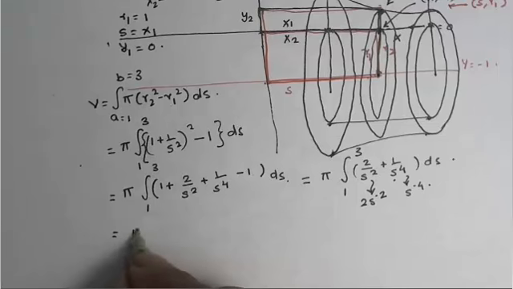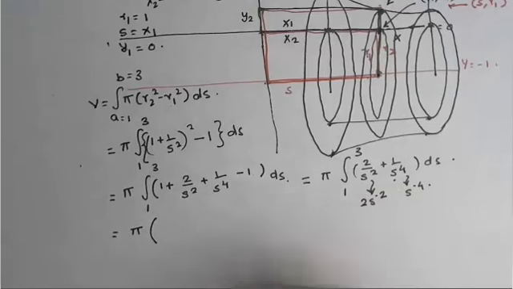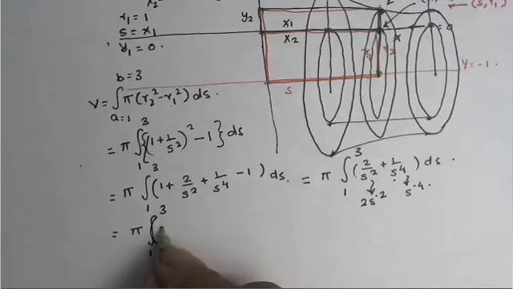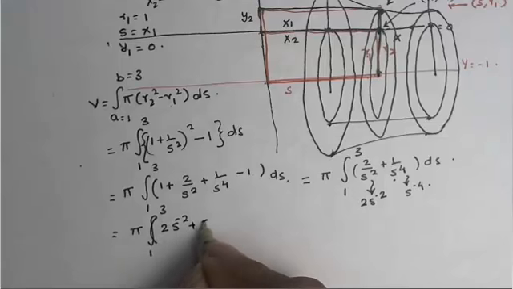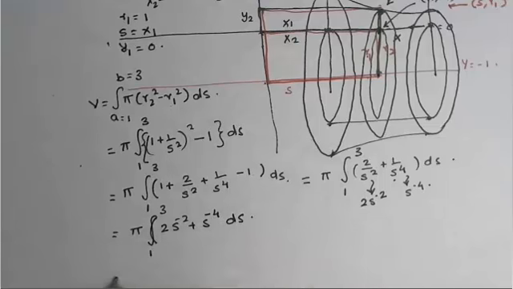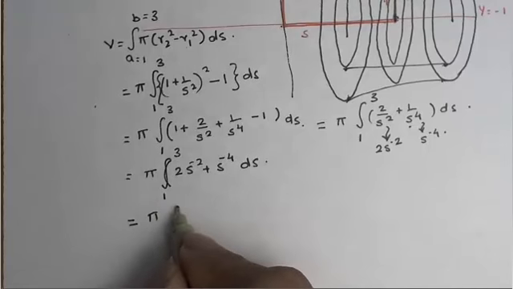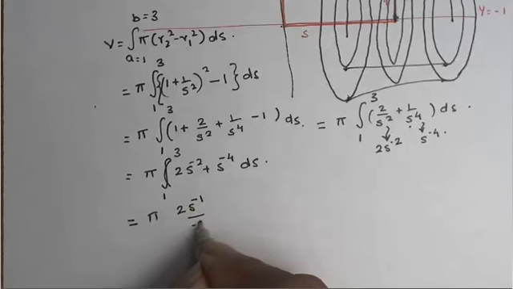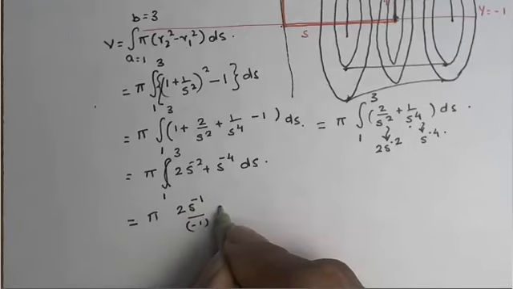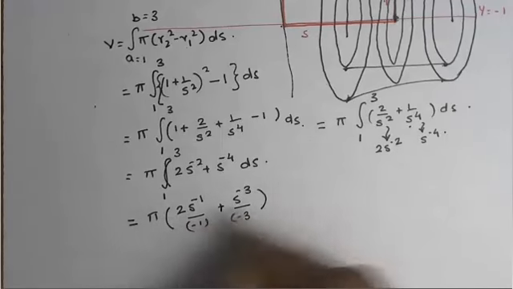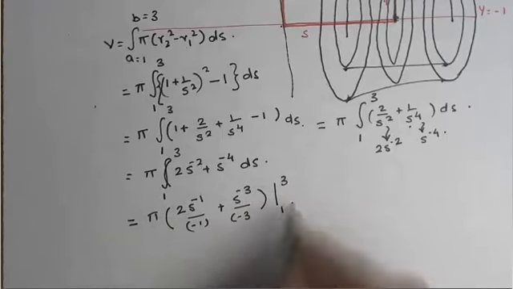So the integral is pi times the integral from 1 to 3 of 2 s to the minus 2 plus s to the minus 4 ds, and that equals pi times, so this is 2 s to the minus 1 divided by minus 1 plus s to the minus 3 divided by minus 3, and the limits of integral are 1 to 3.